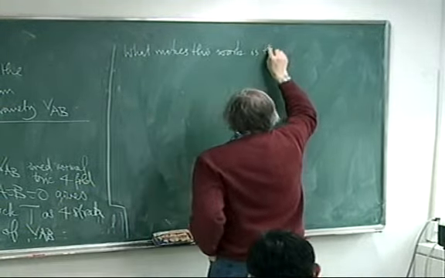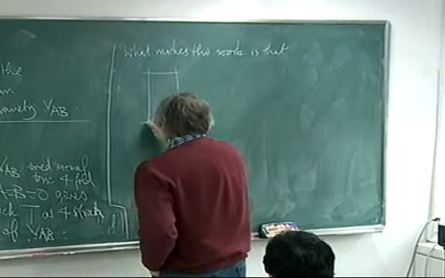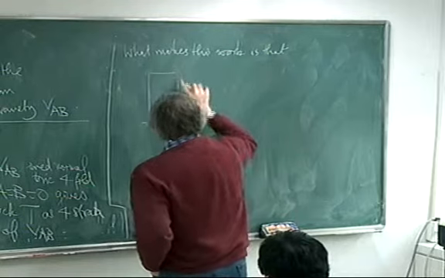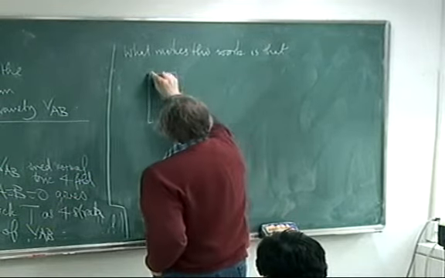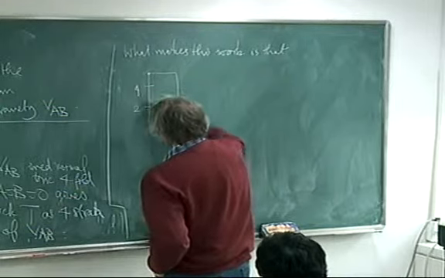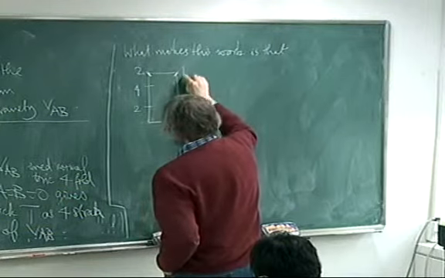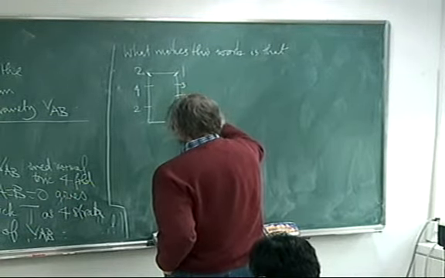Is that, so here I have 4, 2, 4, and I artificially put here a 2 and a 1 there, and then I have 3, 2, 2.